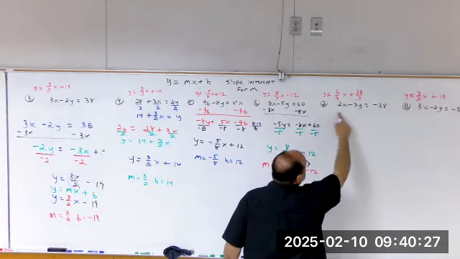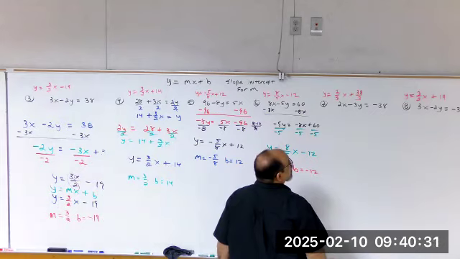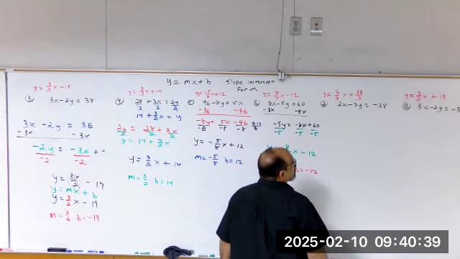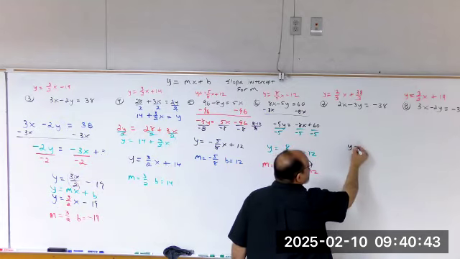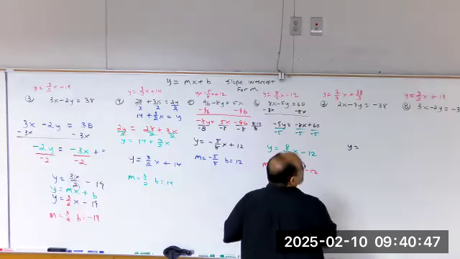What I'm going to do, first thing I need to do to get y by itself, subtract 2x from both sides.